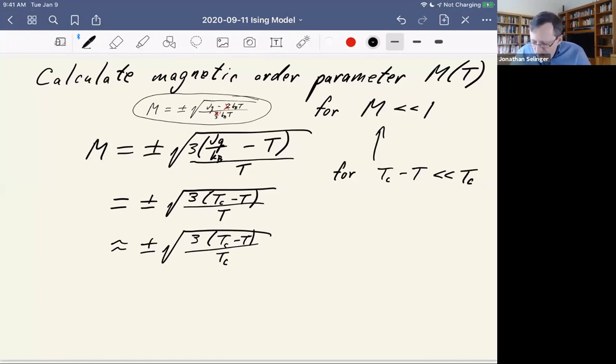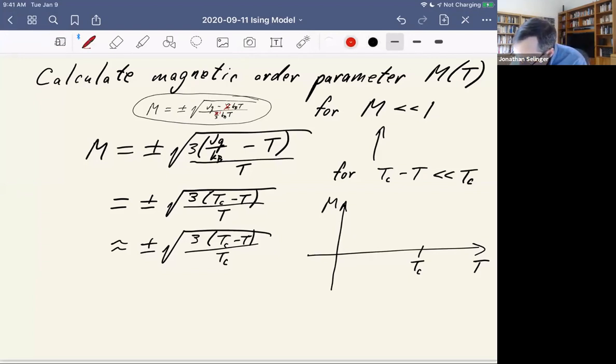So we can make a plot of this, right? So we could make a plot that says, suppose you want M of T, and Tc is there. For all the temperatures above Tc, we have just M equals 0.